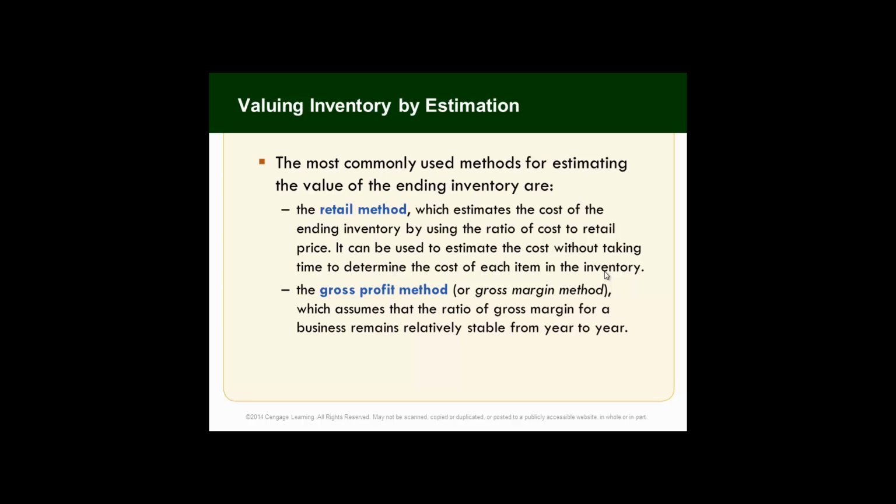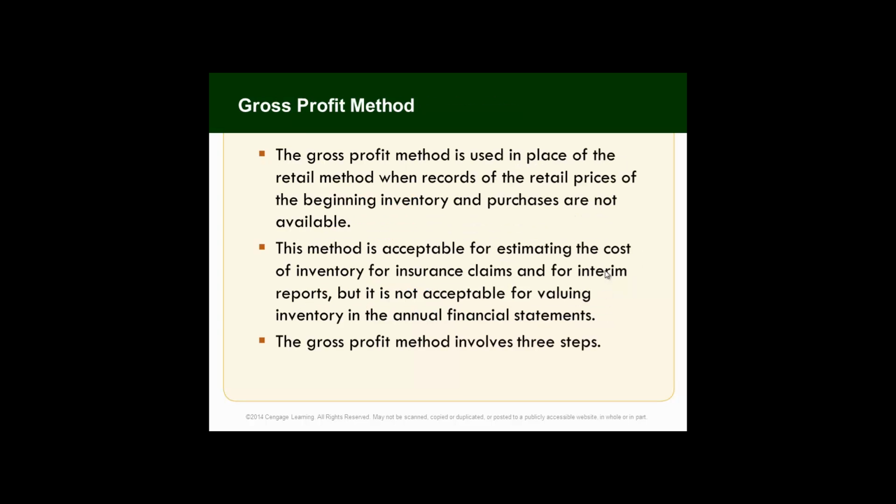Obviously, when using the word estimation, it means it's not as accurate as other methods. So the gross profit method is used in place of the retail method when records of retail prices of the beginning inventory and purchases are not available. So basically, when you can't identify different things, you don't know what your beginning inventory was and your purchases and such for the prices.